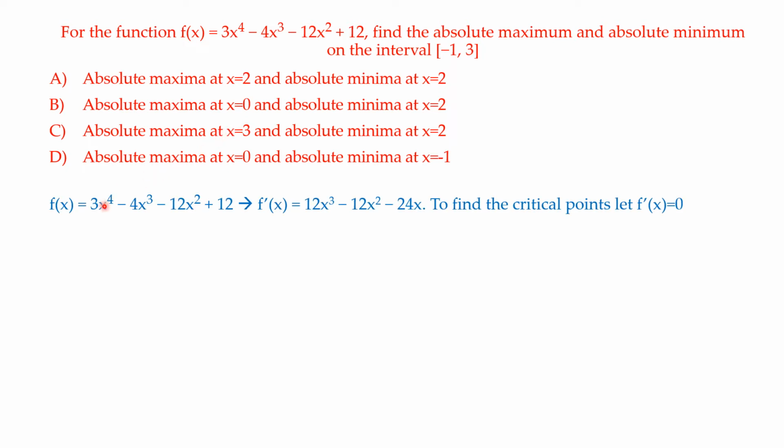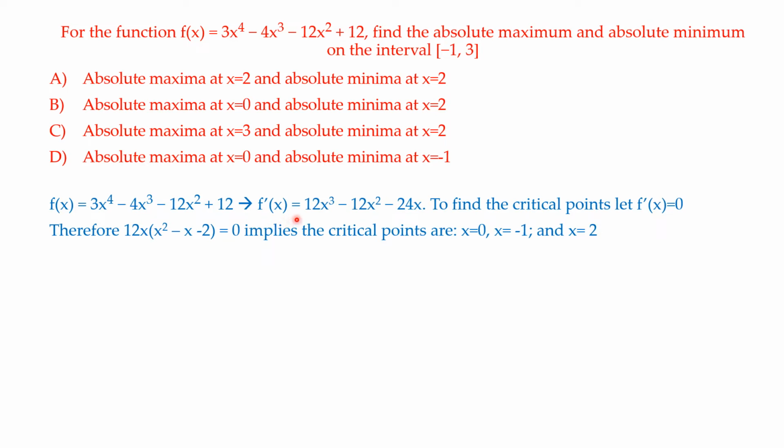Here is the function, and its derivative obviously is 12x to the power 3 minus 12x squared minus 24x. To find the critical points, we have to equate f prime of x to 0. We can take 12x as a common factor, so we will have 12x multiplied by x squared minus x minus 2 equal to 0.